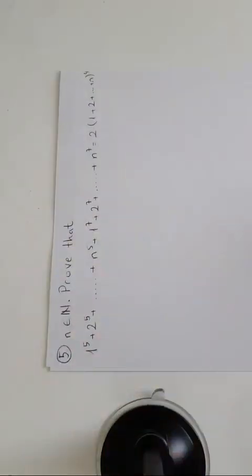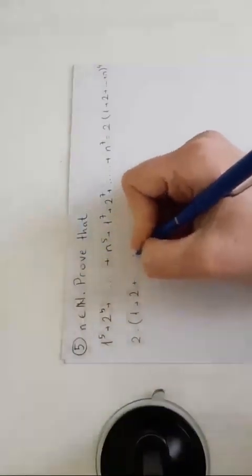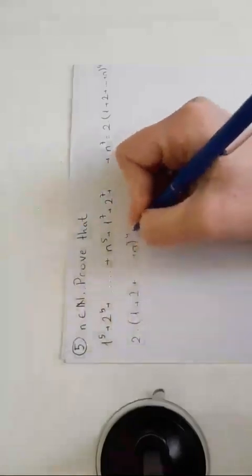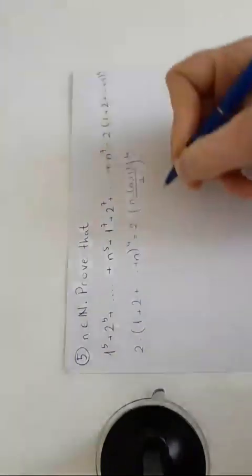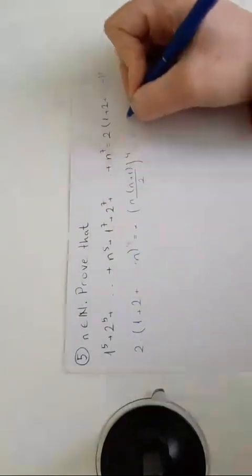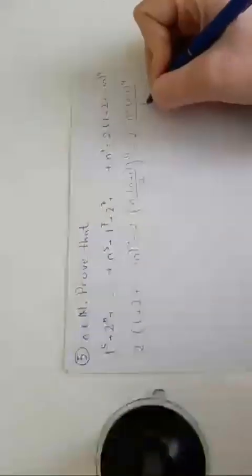Now, firstly, I will take the right hand side, (1 plus 2 plus till n) to the power of 4. So this part, 1 plus 2 till n, we know that n is a natural number, so the sum of natural numbers is n times (n plus 1) over 2. So from here, I will get 2 times n to the power of 4 times (n plus 1) to the power of 4 over 16.